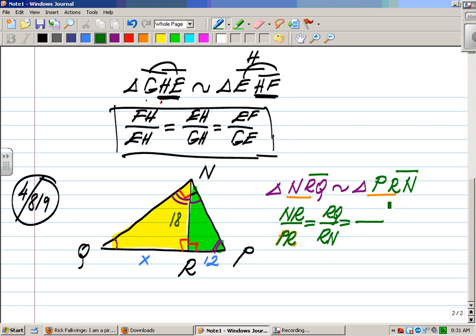And the third side, in the first triangle it will be NQ, over the third side in the second triangle, PN.